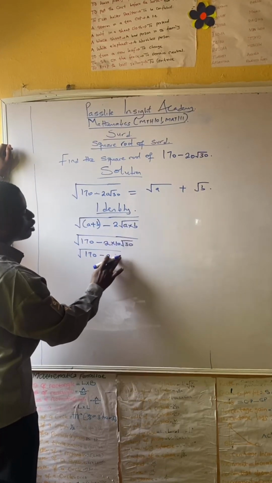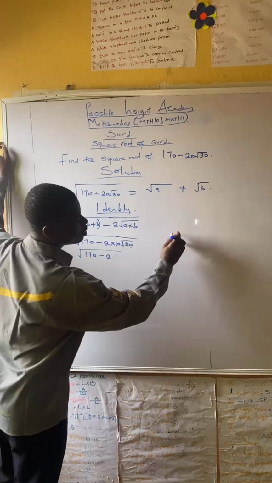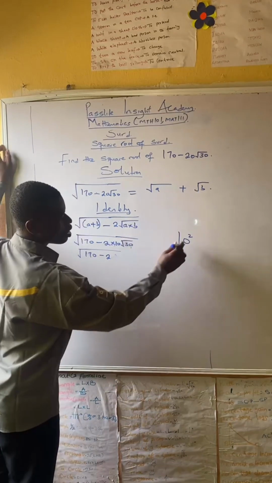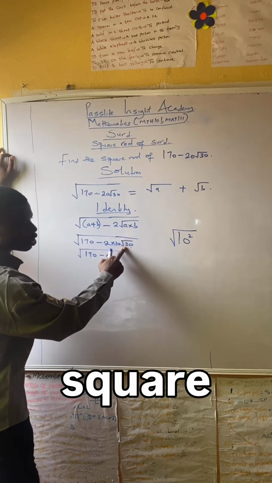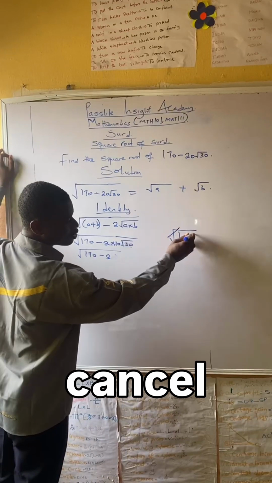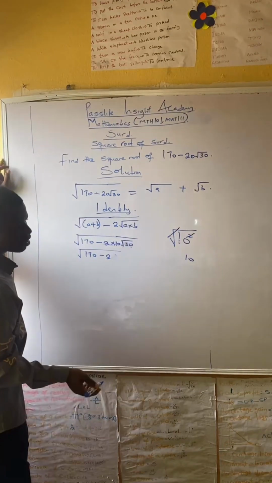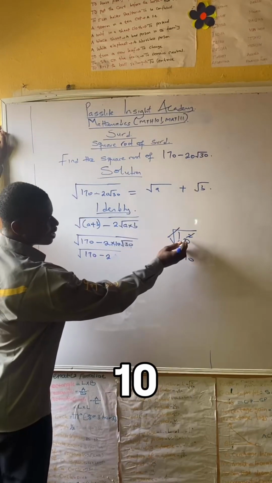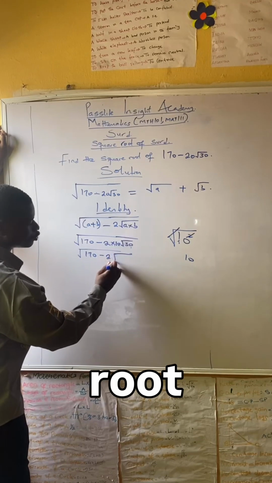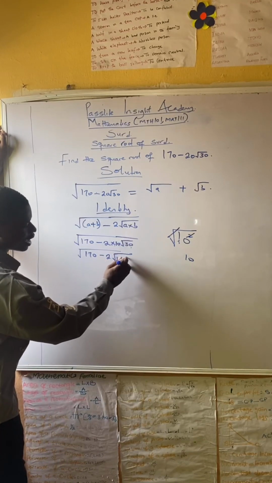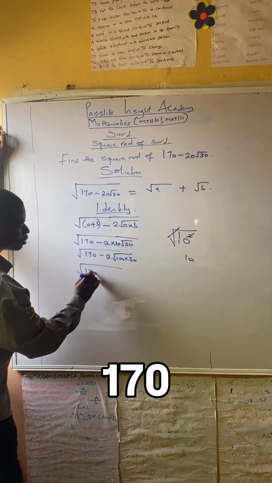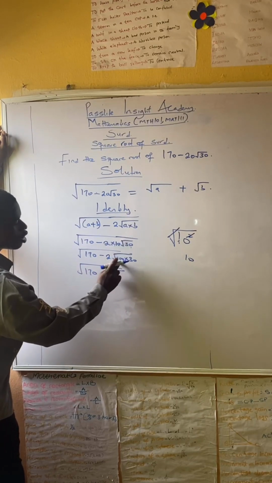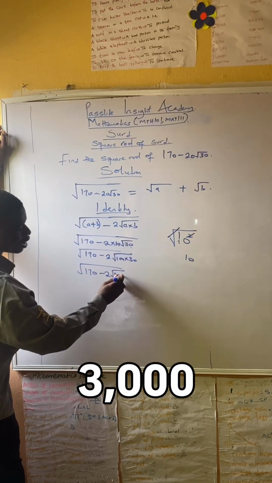So take this 10 inside as a square root. The square root can cancel the square to give your 10. So we bring it in, and 10 squared is 100. So the square root of 100 times 30. At the end of the day, the square root of 170 minus 2 roots 100 times 30, that is 3,000.